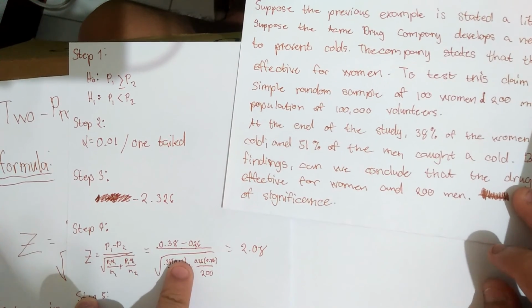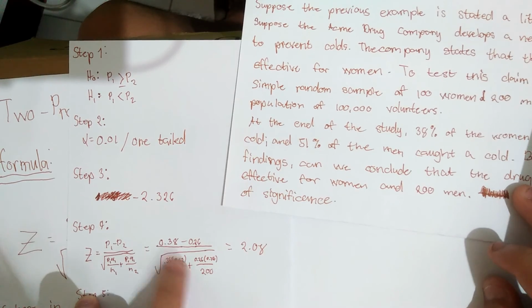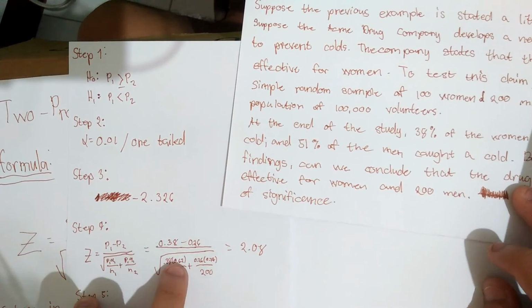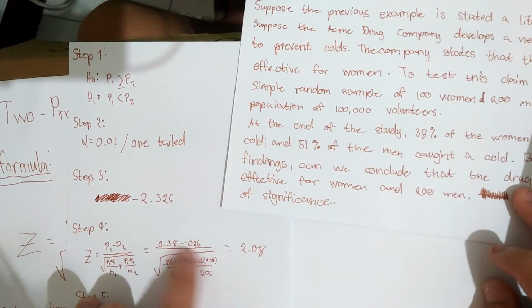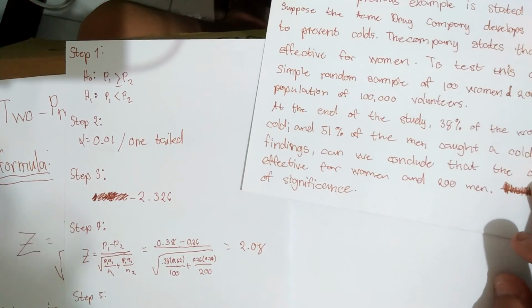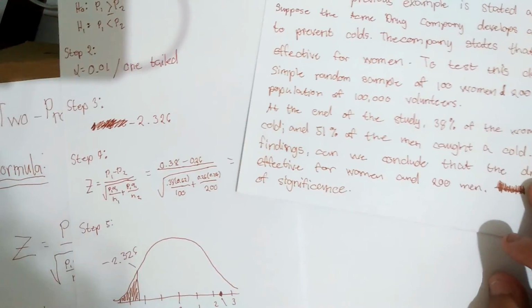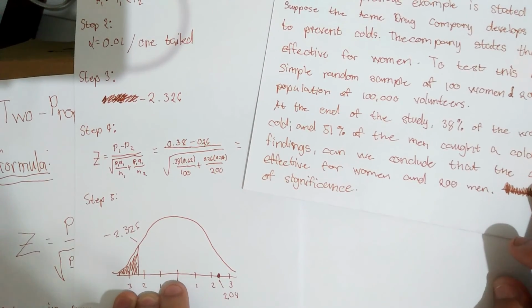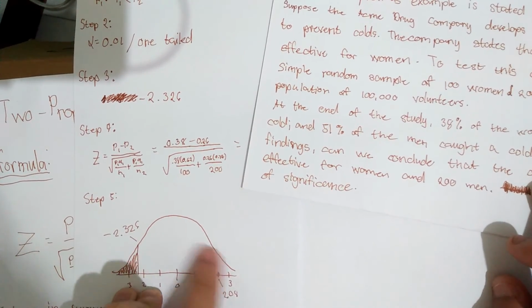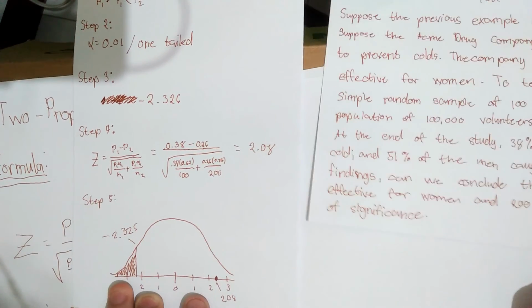You just need to use the formula 1 minus p. So that's how you get it. And I'll find out. Step 5. Just need to draw the shape.